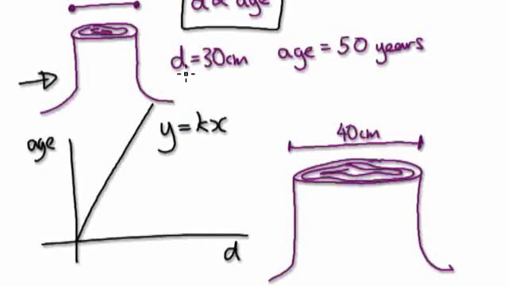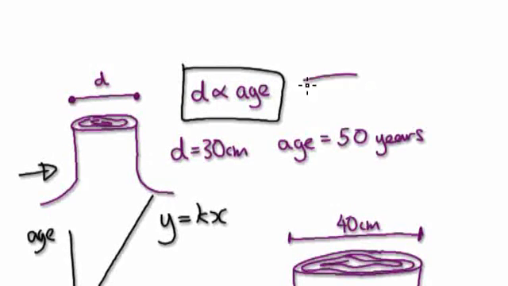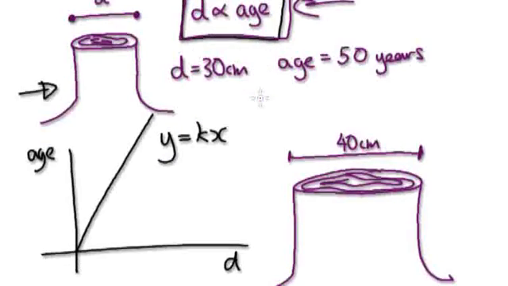The minute you know any one point on this line, you can figure out the equation of this line. We've been told that D, the diameter of a tree trunk, is directly proportional to age, so you have to accept it. Then we can jump to this graph.